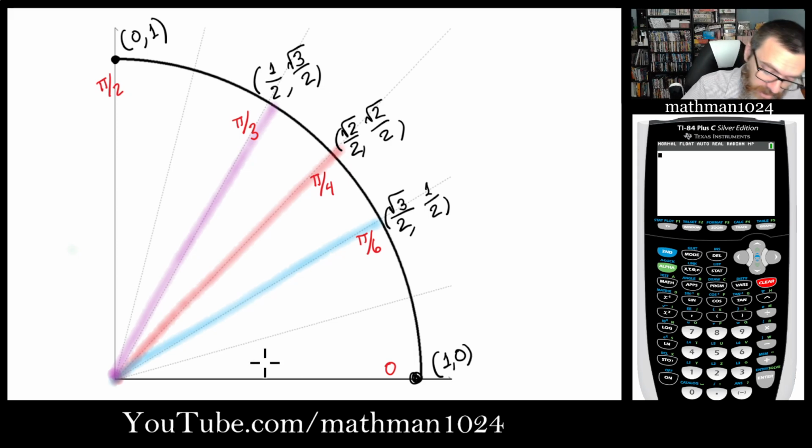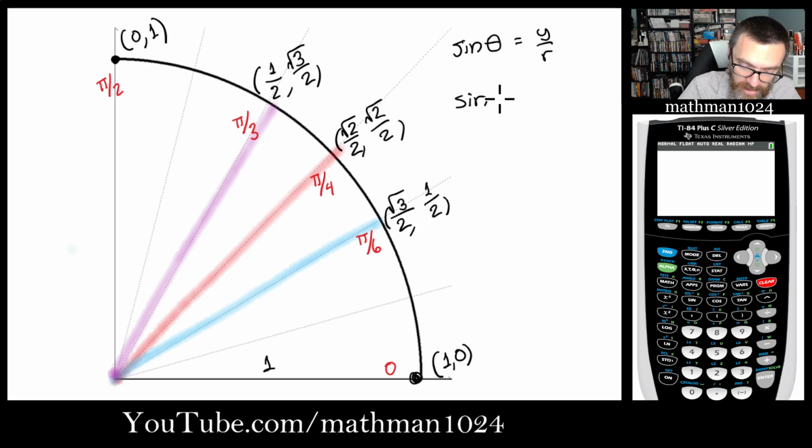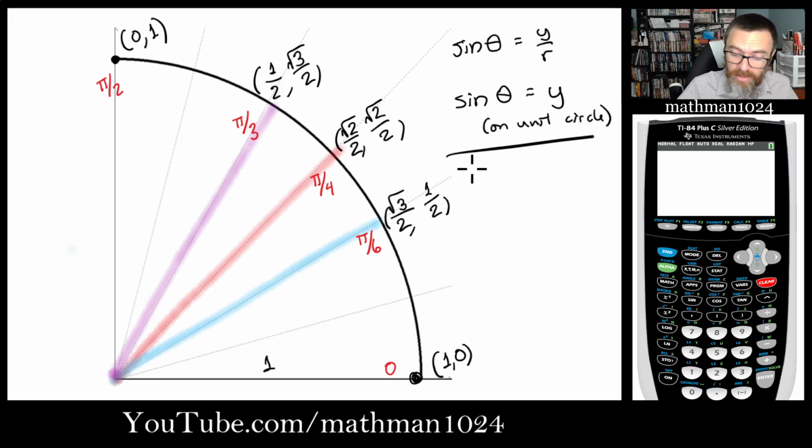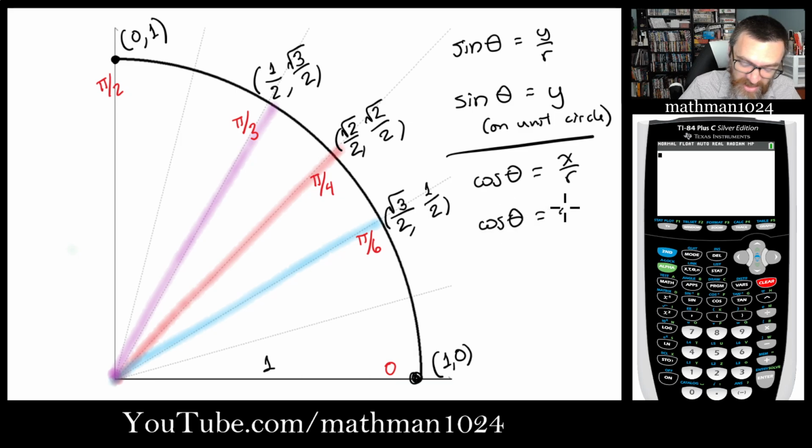And since our radius here is going to be 1, earlier when we were talking about how sine is y over r, when we're on the unit circle, that means that our sine value is just going to be the y when you're on the unit circle. Similarly, for cosine, we defined this to be x over r, but that means that cosine is just going to be the x value when, again, we're on the unit circle.